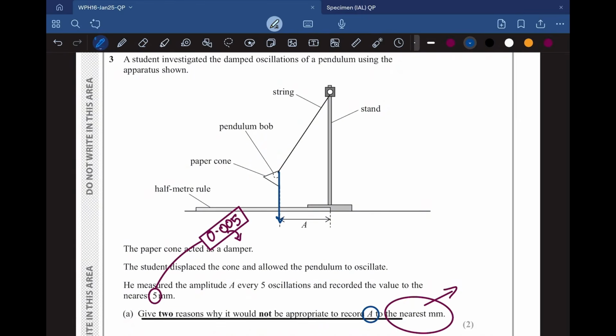When the paper cone comes to this line, it is very difficult to judge the exact moment the maximum displacement is reached. You might make an error here.